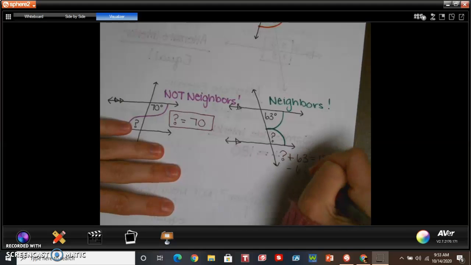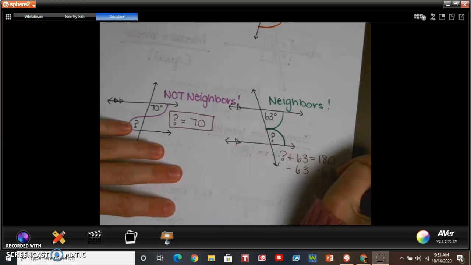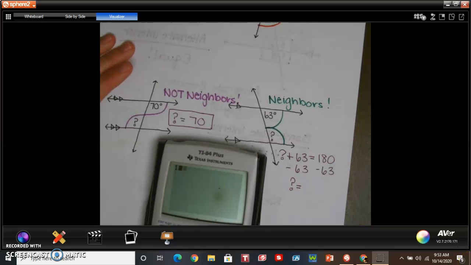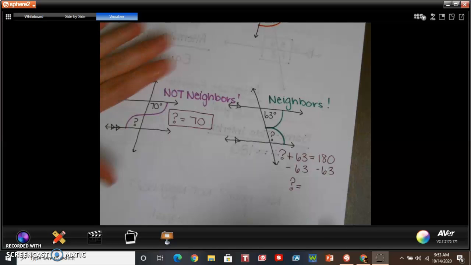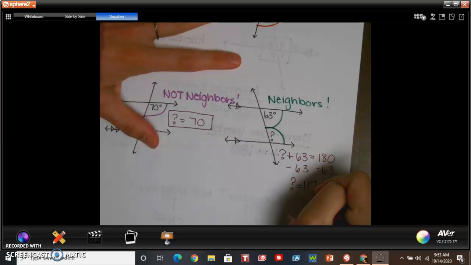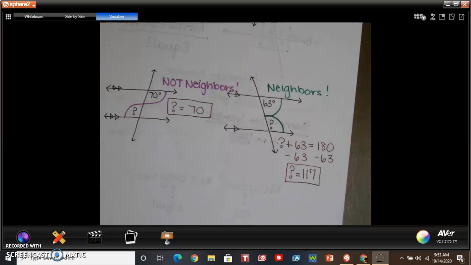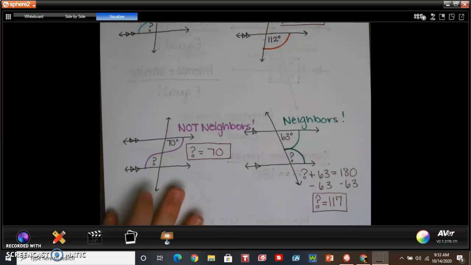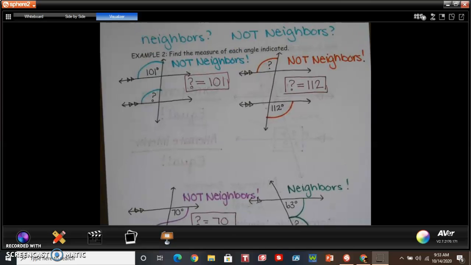Well, we subtract 63. So we get question mark is equal to, and we take our calculators, and we say 180 minus 63, and we get 117. And there we go. That is how we use our angles to find missing angle measures. Just remember, neighbors and not neighbors.